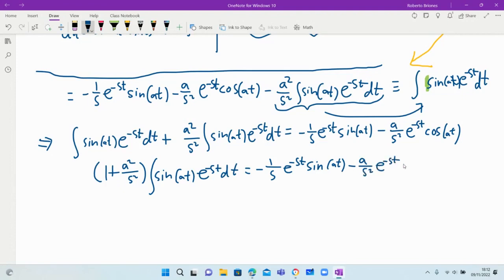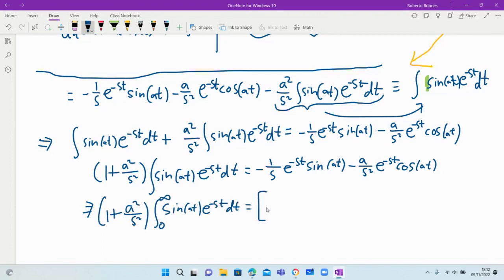So with this in mind, we are almost done. This in particular implies that 1 plus a squared over s squared times the definite integral from 0 to infinity of sine of at e to the negative st dt will just be equal to this expression integrated from 0 to infinity.